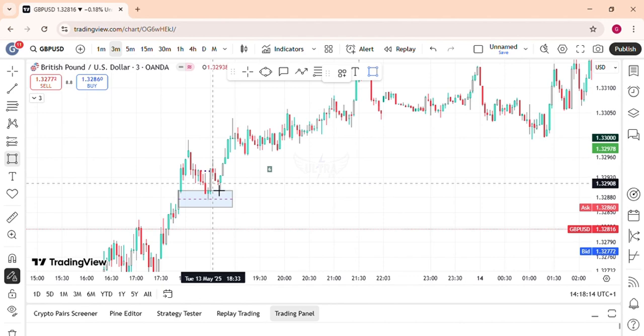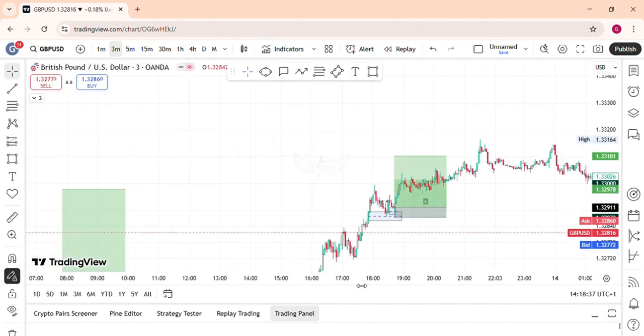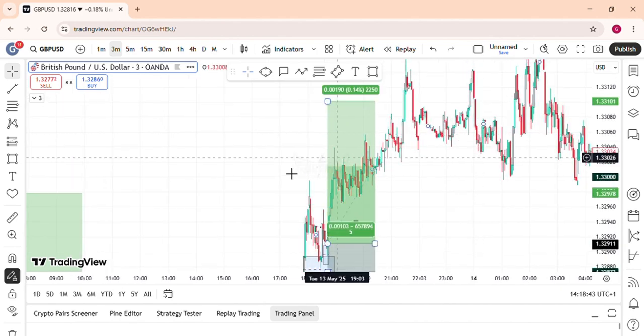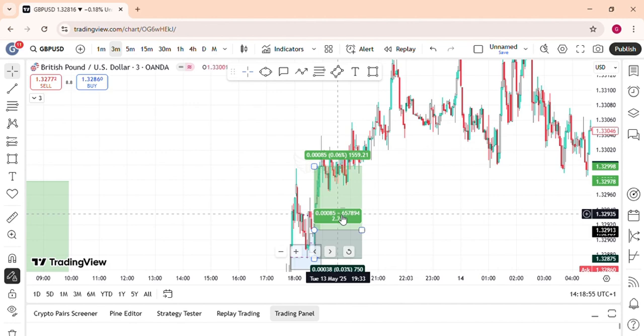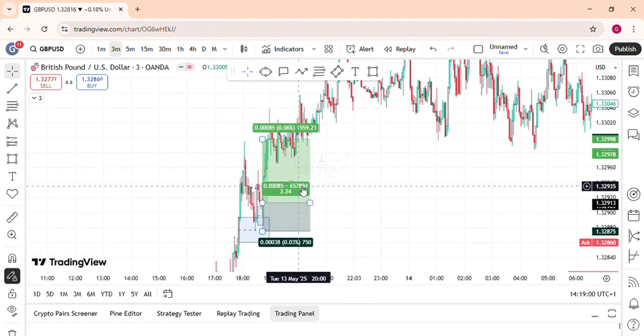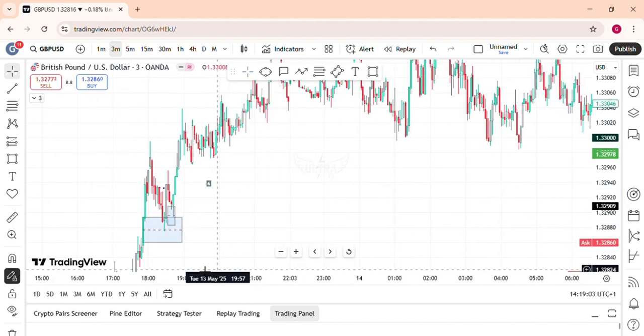So this is our continuation entry for our bullish trade. Now this is how we'll take it, and our take profit should be at this previous high. This should be our take profit here, giving you a result of about 2.24. So let's take this one out to see our actual number 6 trade.